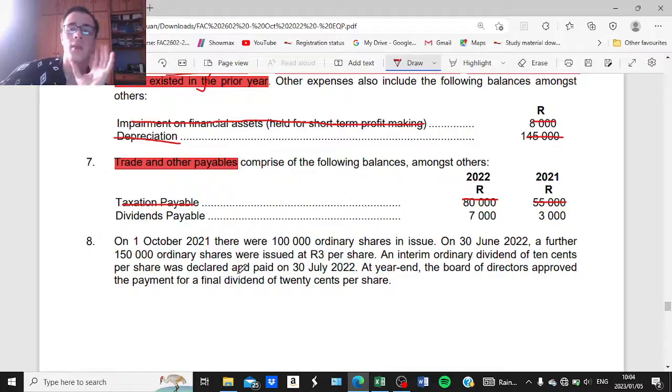Because in order to calculate the dividends paid, you will need to take the opening balance of dividends payable, add the total dividends declared during the current year, and subtract the closing balance of 7,000. Let me show you the first method to calculate the dividends declared, which is by referring to additional information point 8, which says the following.